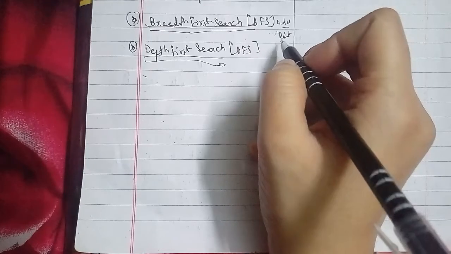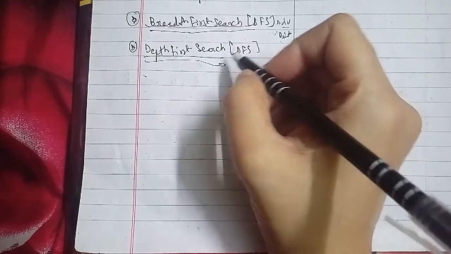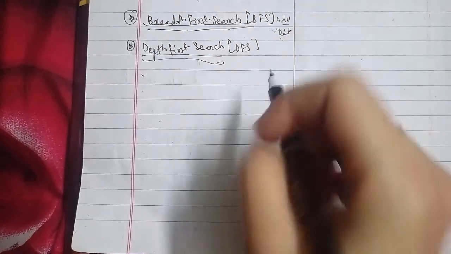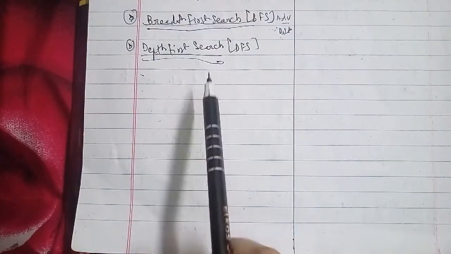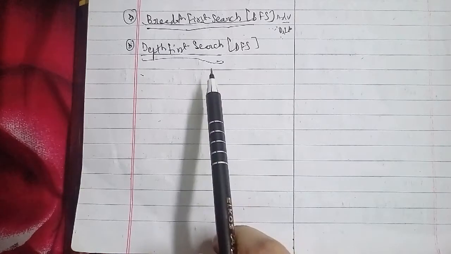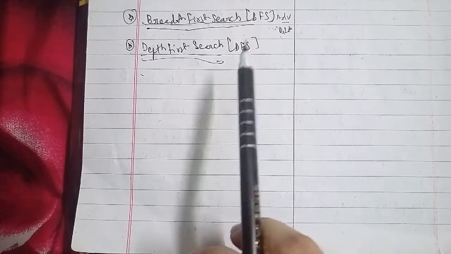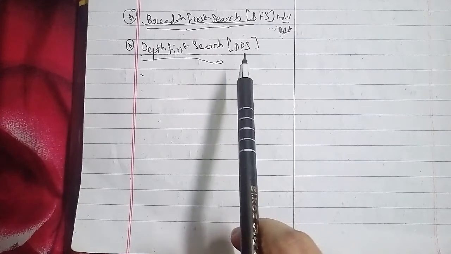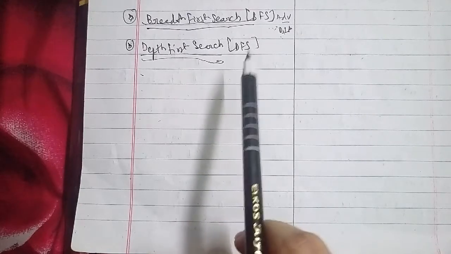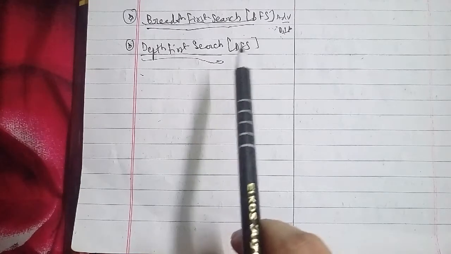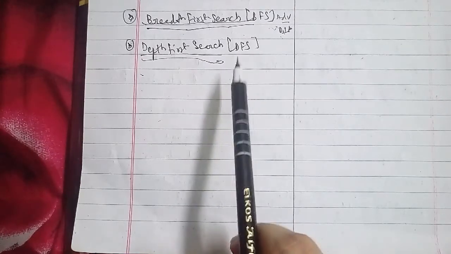Now we'll discuss DFS, that is depth first search. Depth first search is an algorithm for traversing and searching a tree. The algorithm starts at the root node, or selects some arbitrary node as the root node in the case of a graph, and explores as far as possible along each branch before backtracking.